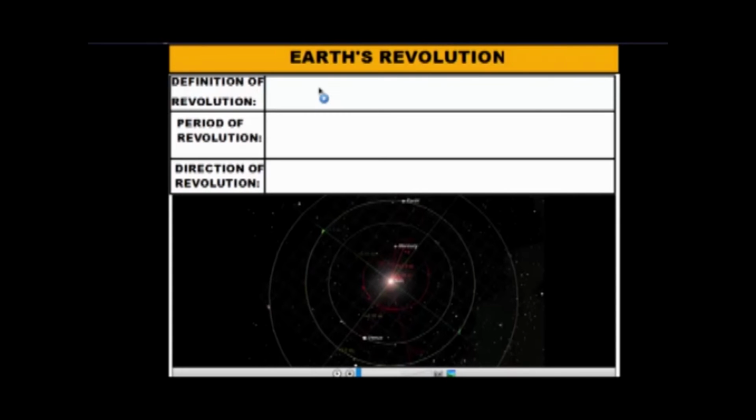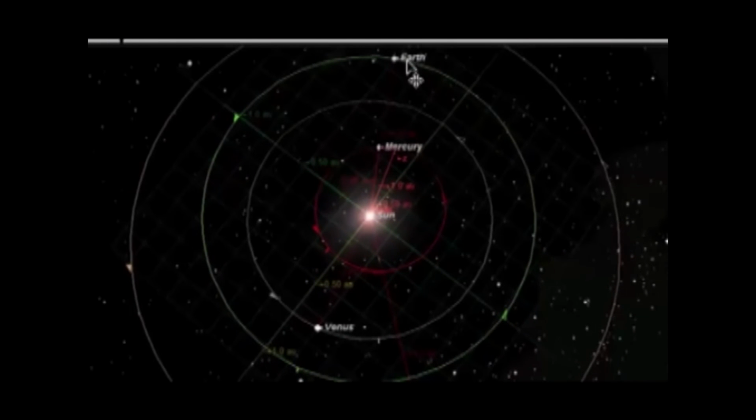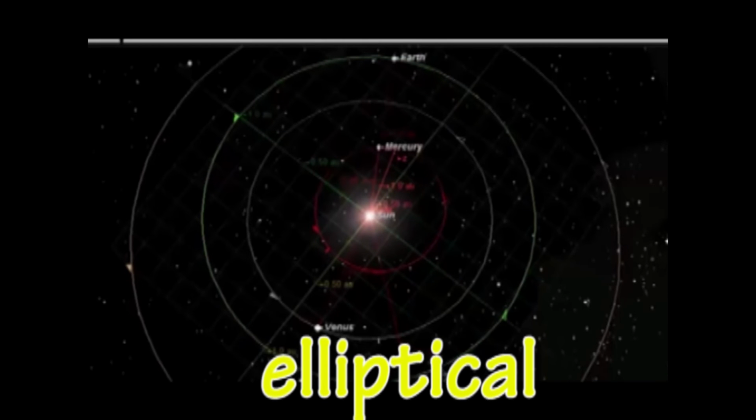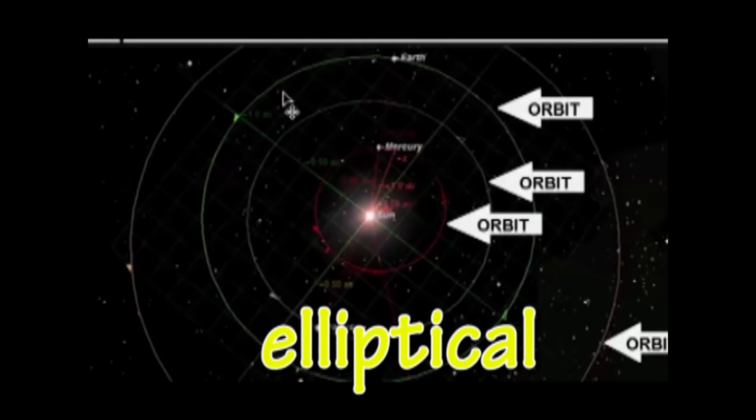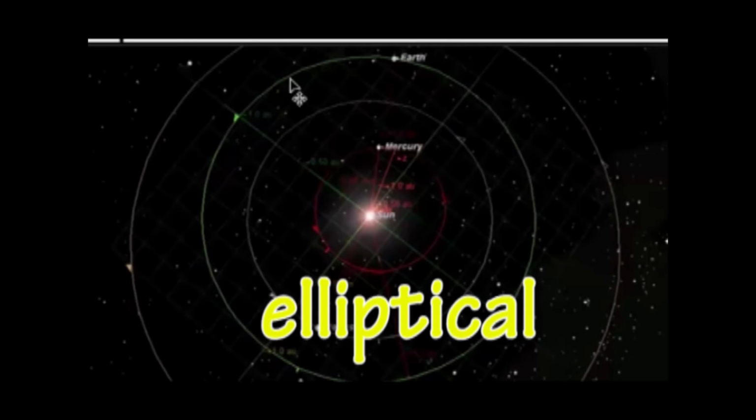Revolution refers to the movement of the Earth in its orbit or path around the sun. Let's take a look at this diagram. That's the Earth, that's Mercury, and that's the sun. These elliptical shapes here are known as the orbits of the inner planets.